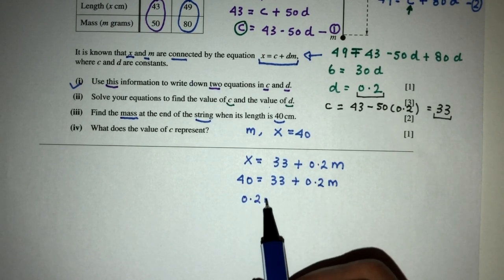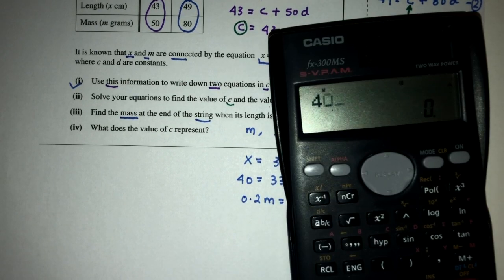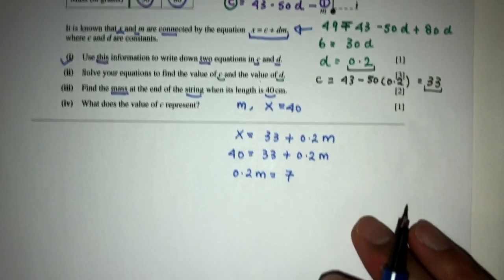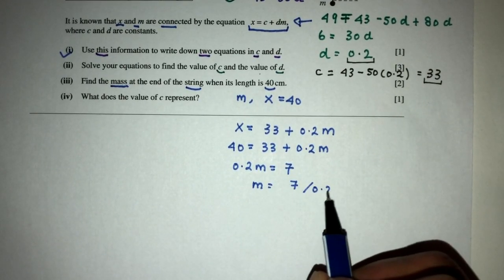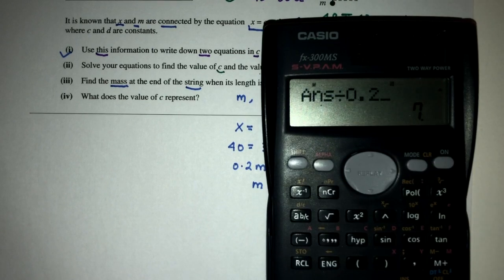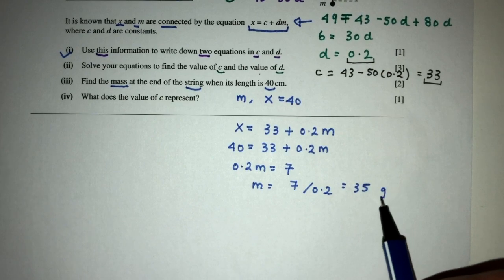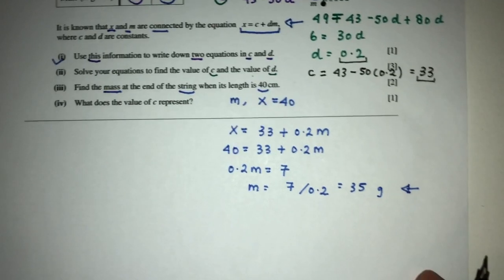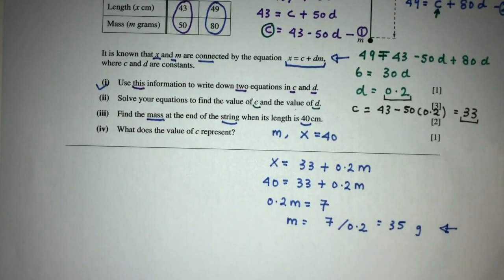So 0.2m will be what? 7, right? 40 minus 33 will be 7. So m has to be 7 divided by 0.2. That will be 35. So m will be 35 grams, because here we have grams for the m unit.